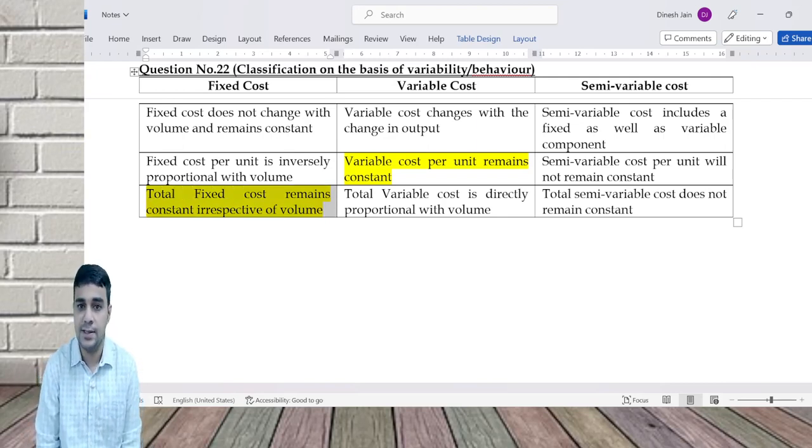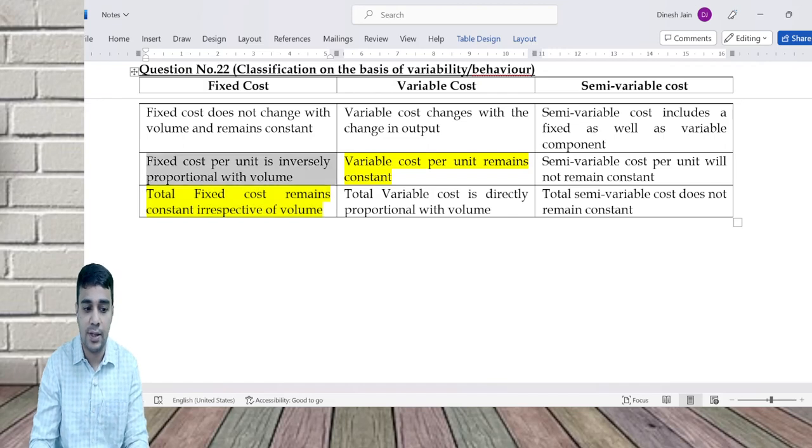If it's a variable cost, then the variable cost per unit is increasing, and if it's a fixed cost, then the total fixed cost is increasing, because this does not remain constant. So if the question says fixed cost increases by 10%, it does not mean fixed cost per unit will increase by 10%, because that anyway changes.